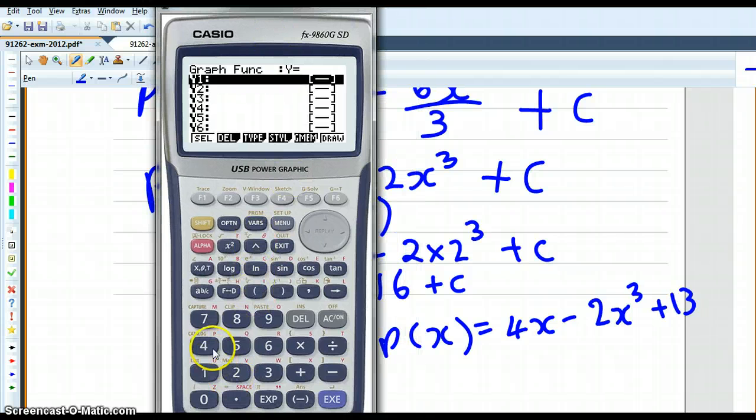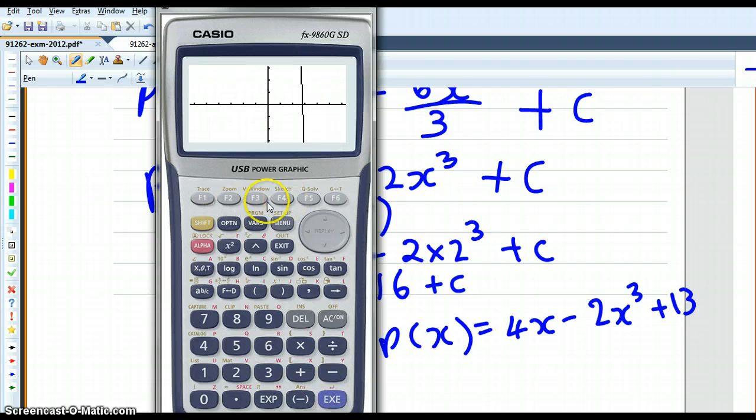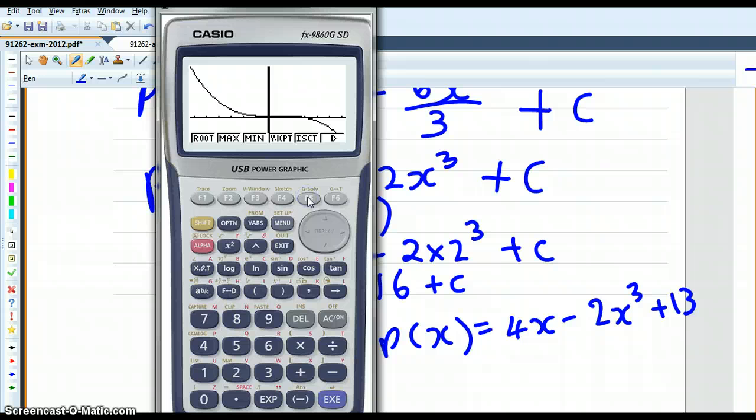4x squared minus 2x cubed plus 13. And I might just go zoom auto and see what happens. That looks better. Okay, now I'm going to go G-Solve, and I think I want a Y-Calc.